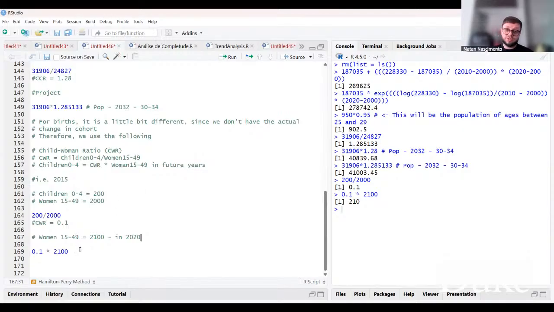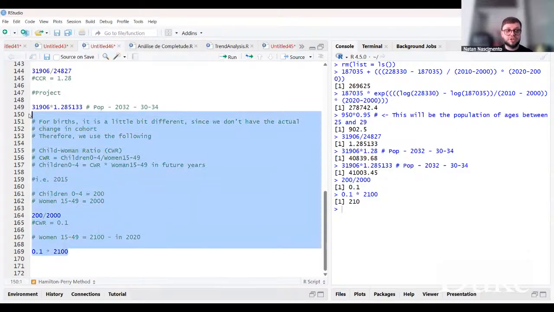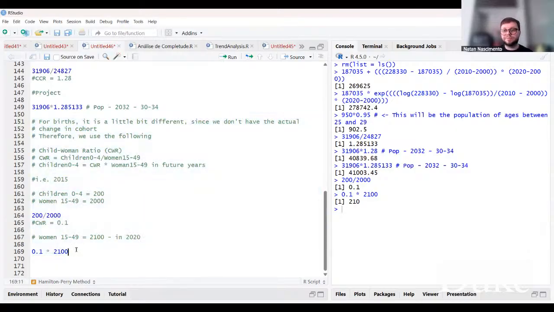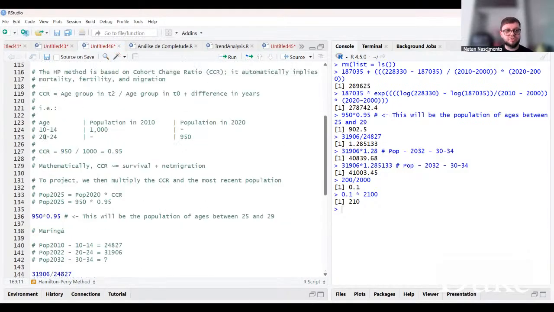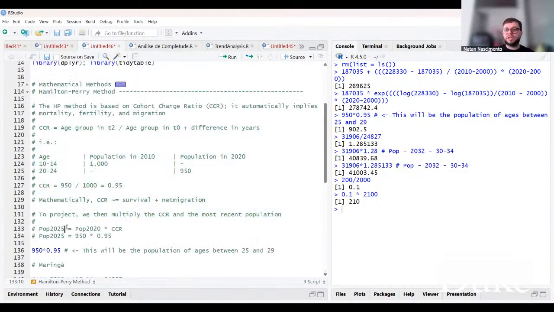So this is useful when we don't have the ability to create those aging cohorts. This is something that we do when we don't have the population. A couple of notes on this matter. If we have the births per year, we can also use that to project.